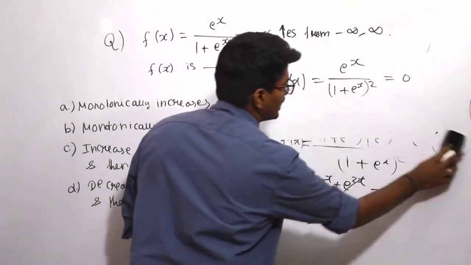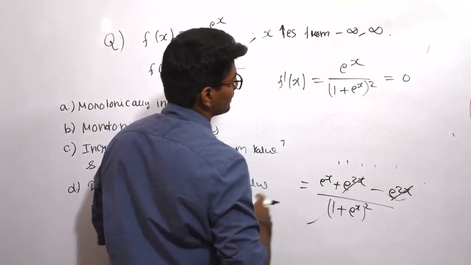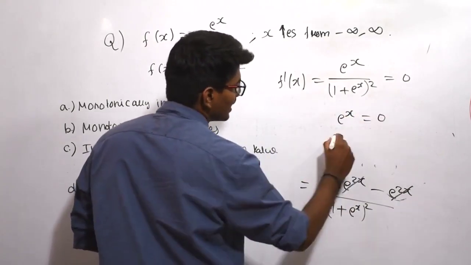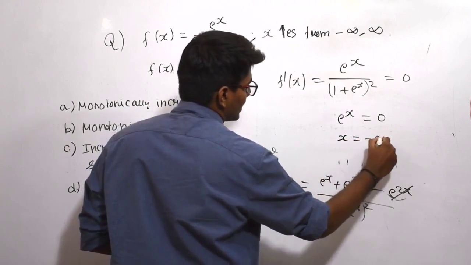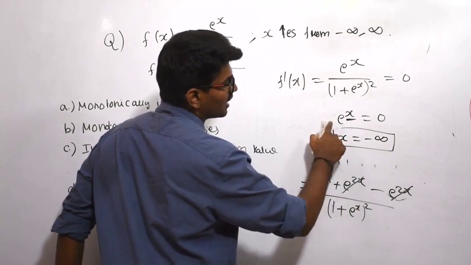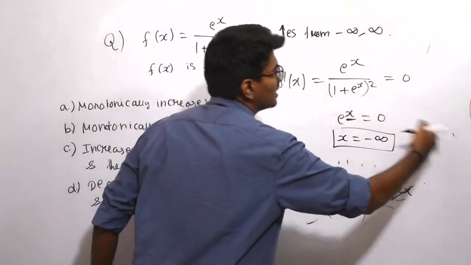So now equating it to 0, what happens? E to the power of x should be equal to 0, which means x will be equal to minus infinity. We know that only when x becomes minus infinity will e to the power of x become 0.